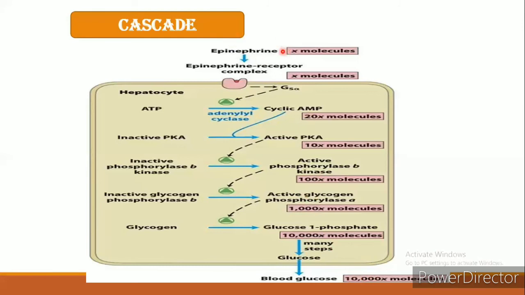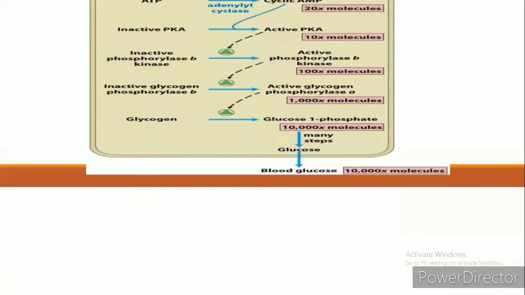It means one molecule of epinephrine carries the signal transduction process as amplification, and step by step one catalyst activates the next, and the response is a large number of glucose molecules. Got it? This is the epinephrine cascade.